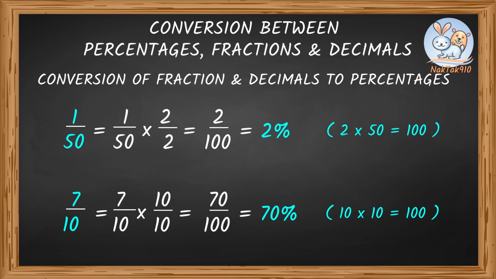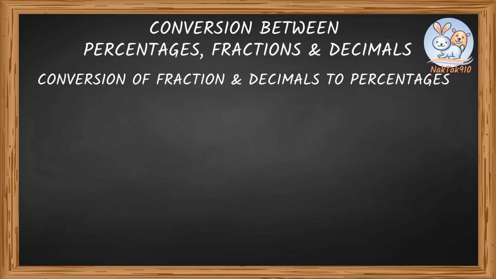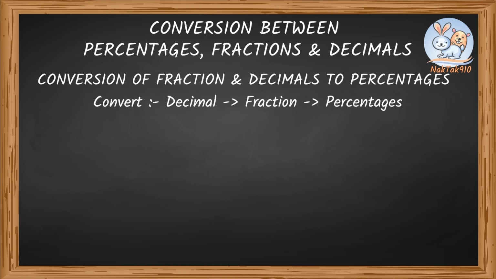Okay, but how do I convert decimals to percentages? Simple. Convert decimal to fraction and fraction to percentages. Let's convert 0.34 into fraction. Firstly, let's take the digits after the decimal. There are 2 digits after the decimal. The last digit after the decimal point is hundreds place.